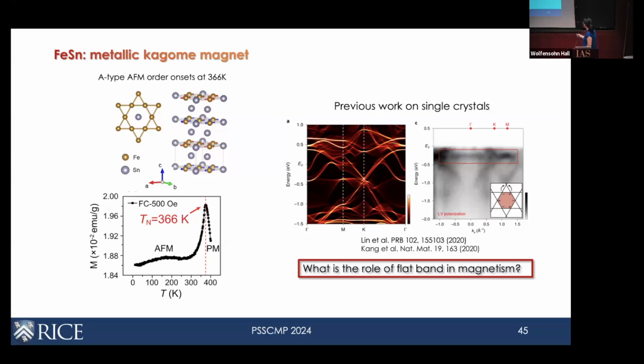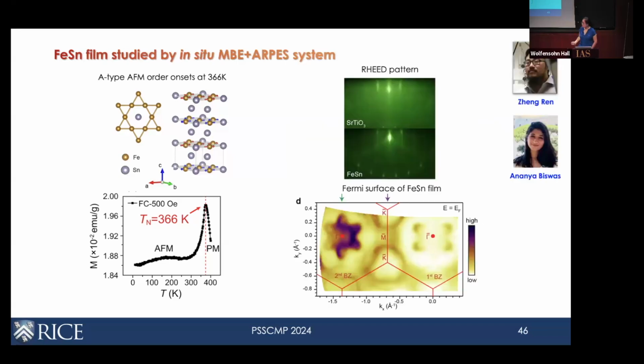In single crystal form, this has been studied by various groups. The question we want to ask is, what is the role of the flat band in this magnetic order? To address this, my postdoc, Zheng Ren, came to our group 2 years ago to build an MBE system, which is connected to the ARPES system. That enables him to grow these Kagome films and then directly transfer to the ARPES chamber to measure.